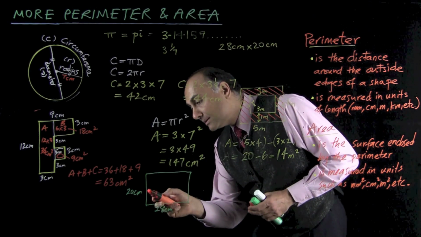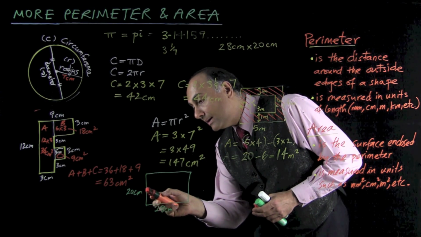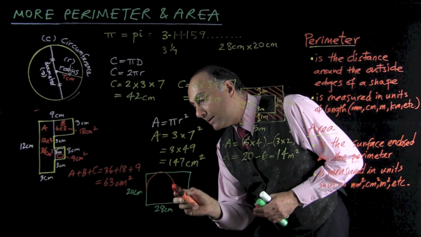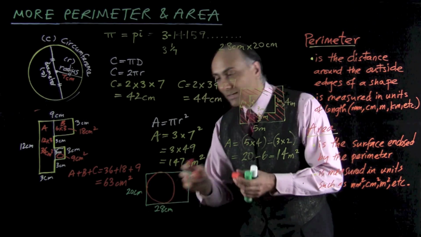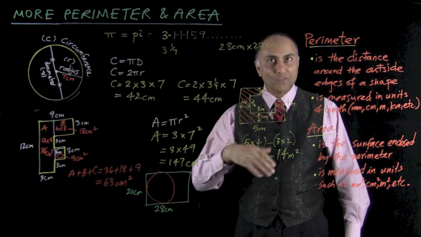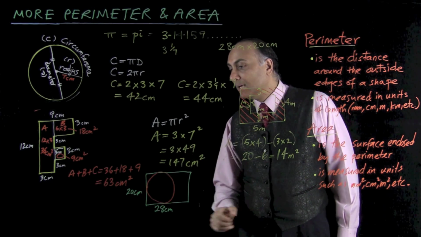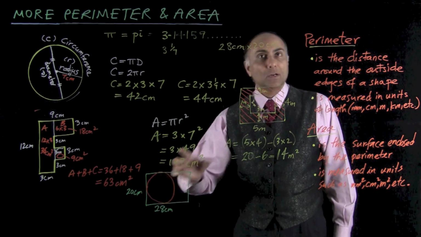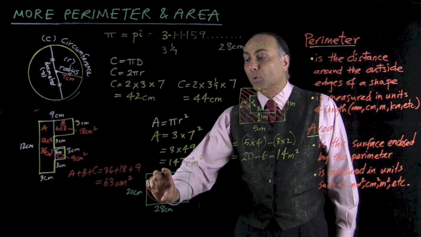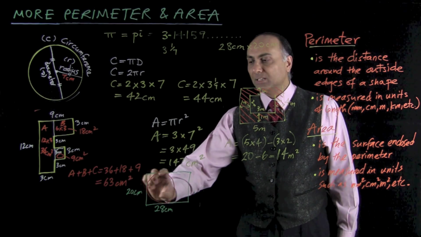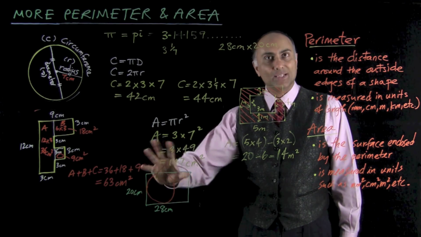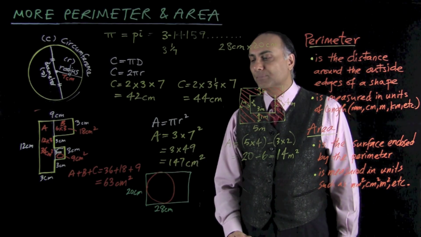Let me sketch it. It's not accurate, but you can picture it. That's good enough for the purpose of solving the problem. The diameter of the circle cannot be more than 20 centimeters, because if it were, it would stick off the edge of the page, and we can't do that.